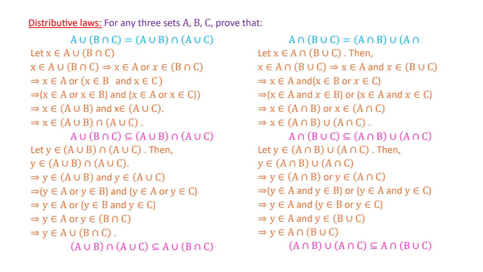So we have proved that A intersection (B union C) is a subset of this set, and similarly, (A intersection B) union (A intersection C) is a subset of this set. Combining both these results, we obtain the equality. So this proves that intersection is distributive over union.